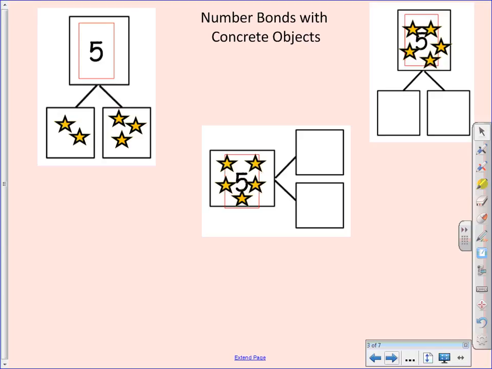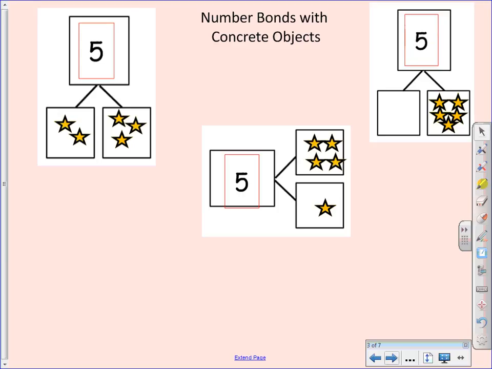In my second example, I have decomposed my 5 into 1 and 4. And in my last example, I have decomposed 5 into 0, and so my first parts box will stay empty, and 5.